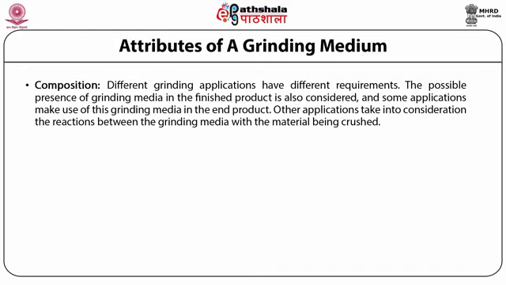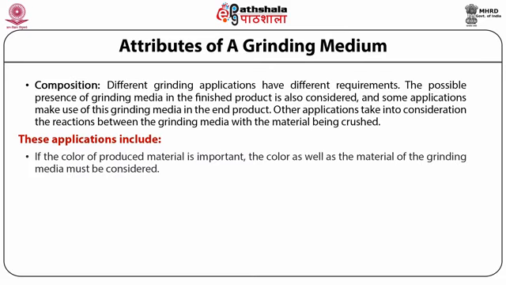Other applications take into consideration the reactions between the grinding media and the material being crushed. These applications include: first, if the color of produced material is important, the color as well as the material of the grinding media must be considered.